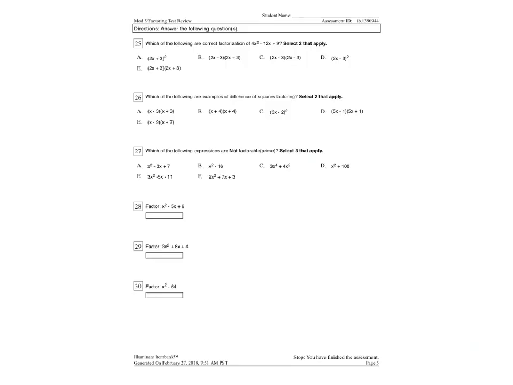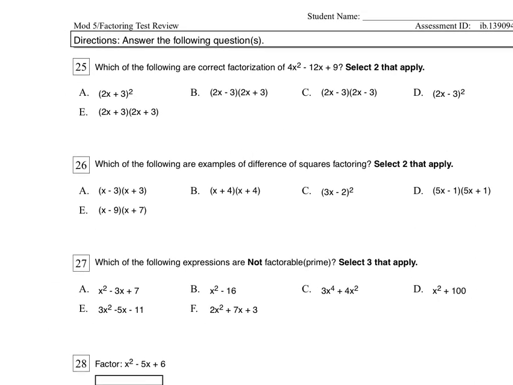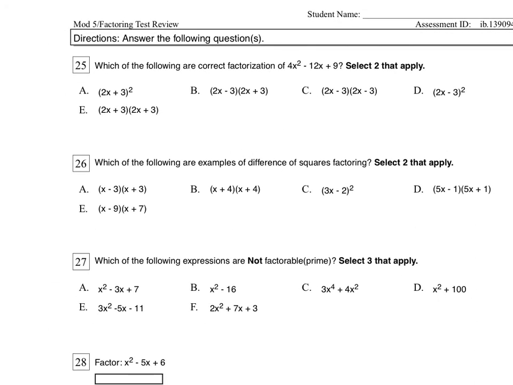Alright, last page here. Which of the following are correct factorization of that? We've done a bunch of those, so I'm going to just tell you what the factorization is. So when I go 4 times the 9, we get 36. What multiplies to 36 and adds to negative 12? And then you do your box from there.